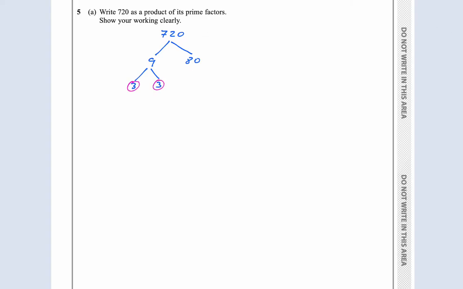Then this guy becomes 10 times 8. 10 becomes 5 times 2. Circle these. This is a prime number. This is a prime number. And 8 becomes 2 times 4. This is a prime number, and 4 becomes 2 times 2.